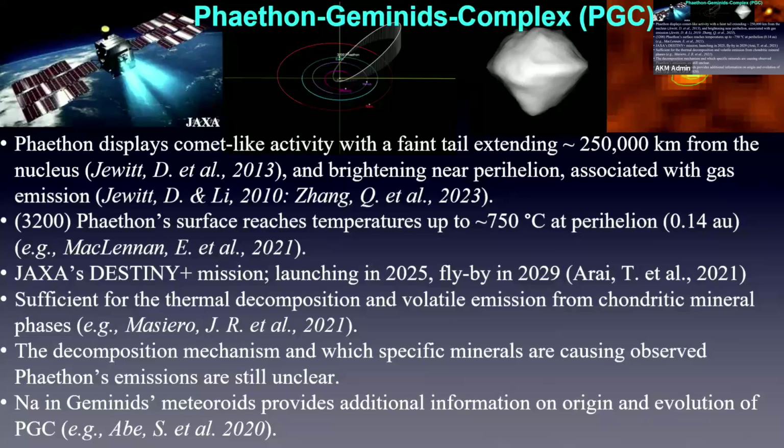The decomposition mechanism and which specific minerals cause Phaethon's observed emission are still unclear. So sodium in Geminid meteoroids provides additional information on the origin and evolution of the PGC. I will explain in detail here.